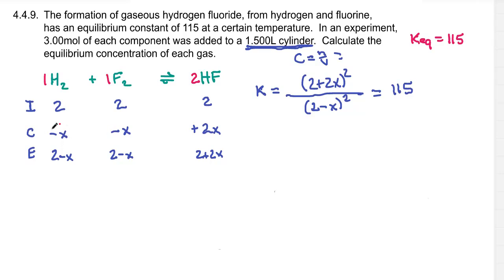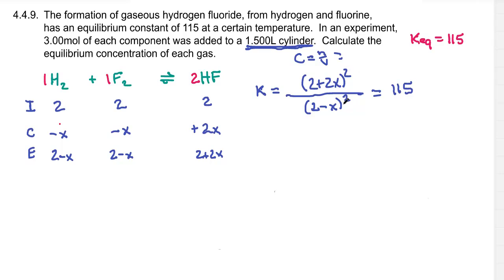These should actually be pluses because minus a negative number is a plus. And this will come out minus, saying we're actually going to draw down some HF and convert it back into hydrogen and fluorine. So it'll be interesting to see if I guessed right about that. I guessed that way because the K is enormous. So I have a feeling I'm right, but you might see me get slapped down shortly. Let's find out.